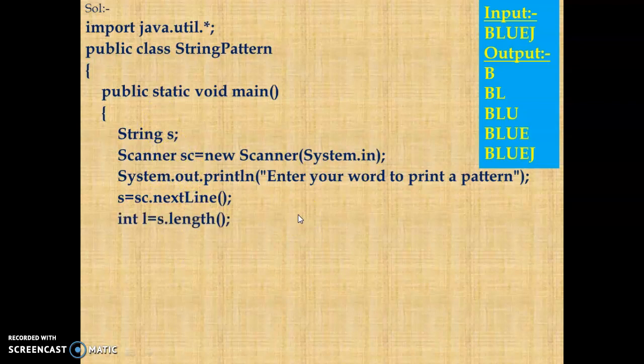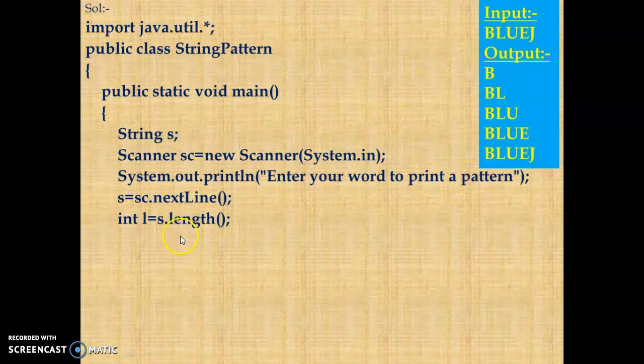Then we have to find out the length of the string, because this is 1, 2, 3, 4, 5, so 5 lines are there. If it is computer, 8 characters are there, so there will be 8 lines.